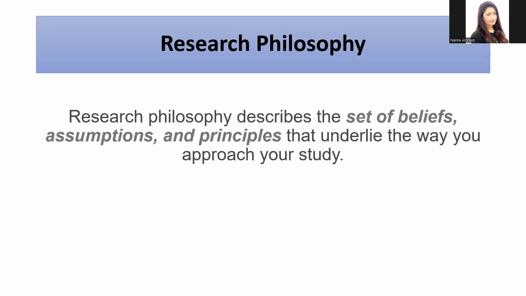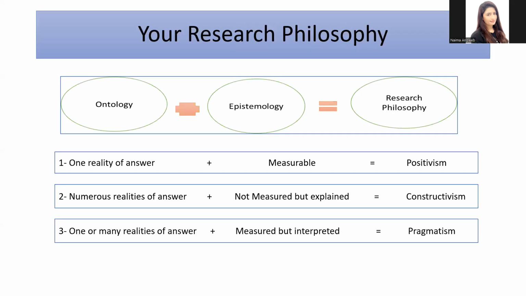The research philosophy is the set of beliefs, assumptions, and principles, and to find these out, we need to look at ontology and epistemology. And within ontology and epistemology, we still need to go into the types, which will give us clarity on what direction we should have.